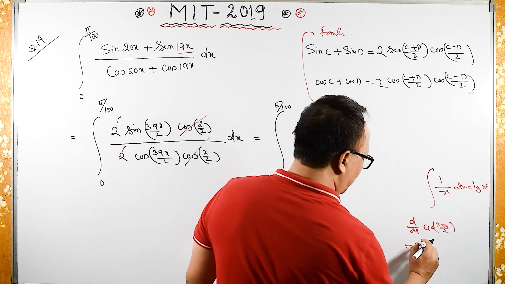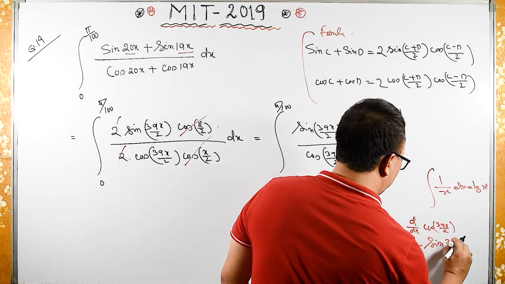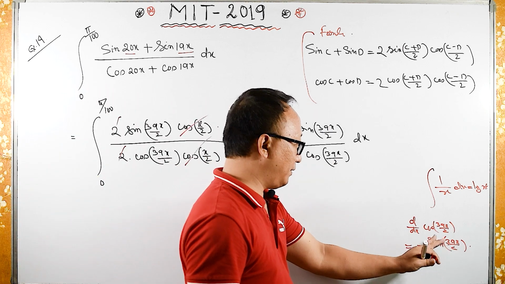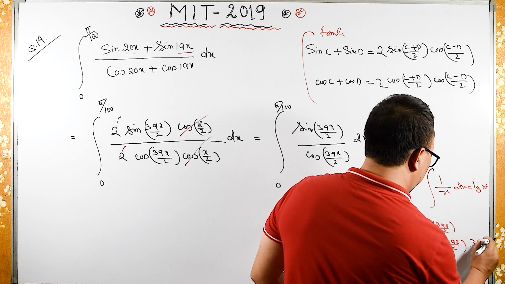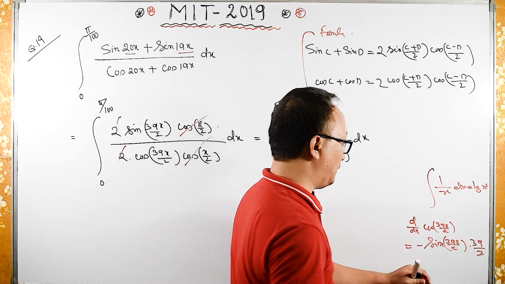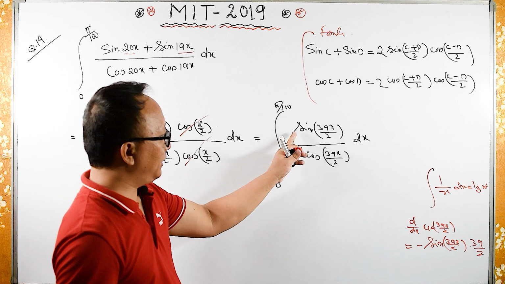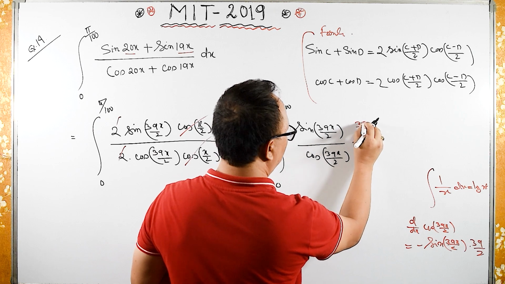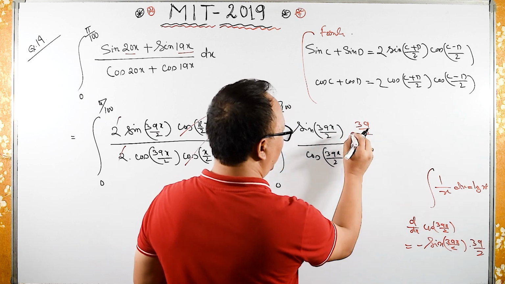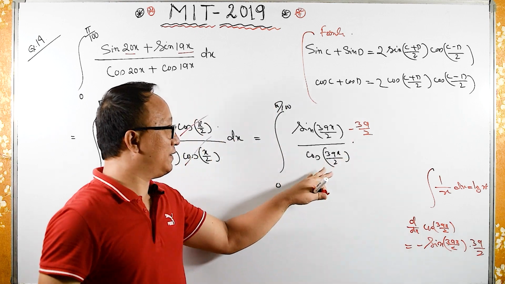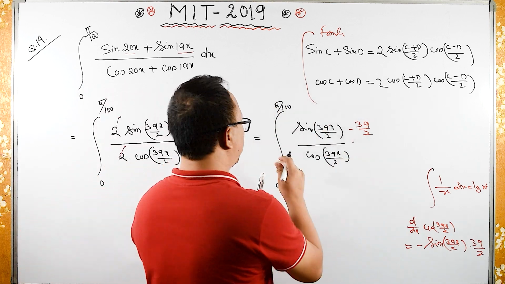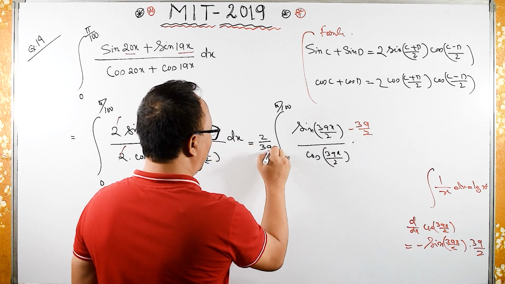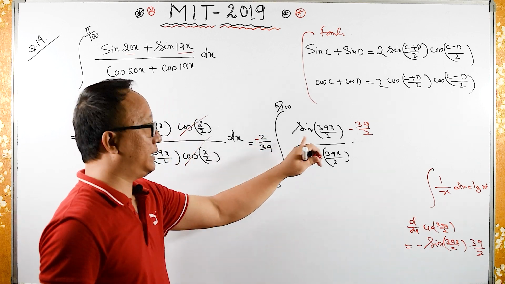The differentiation of cos is minus sine 39x upon 2 into d by dx of this angle, so I will get 39 by 2. I need this with a minus, so that the differentiation becomes this numerator. So this 39 by 2 is extra. I take 2 by 39 with a minus, because this and this get cancelled.